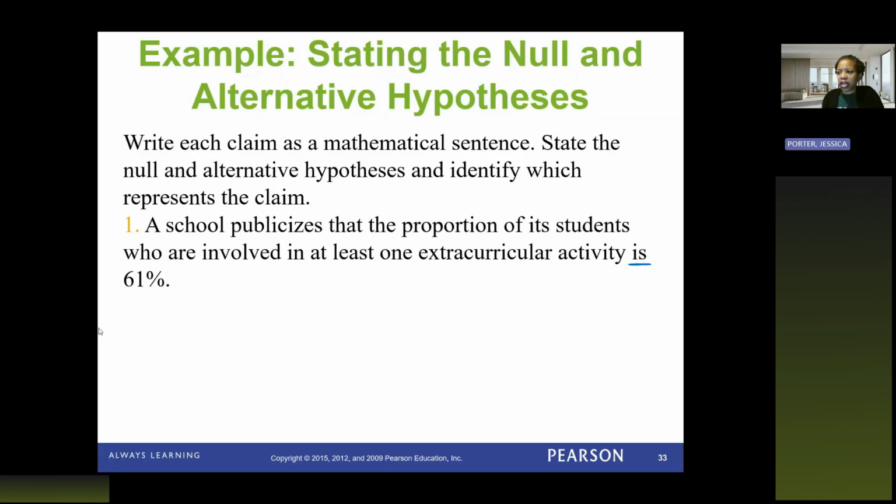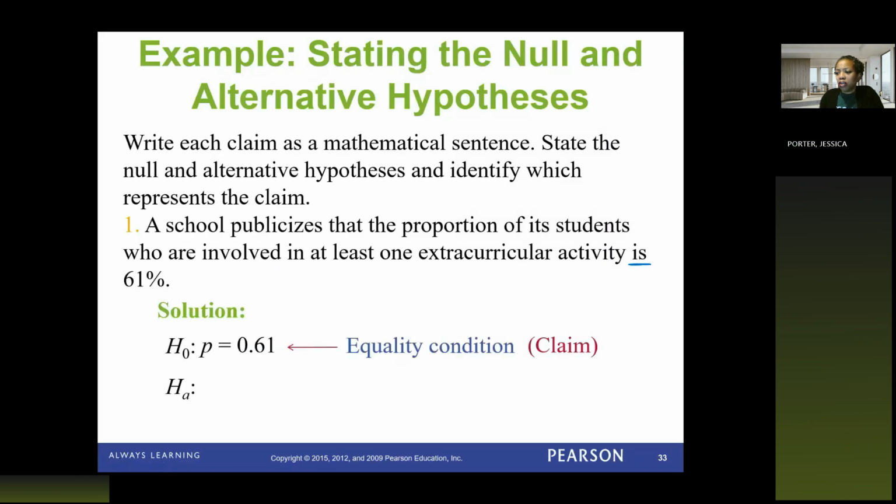Yeah, we use an equal sign. So our null hypothesis is going to be the proportion equals 0.61. This is our claim because they're saying it is 61%.